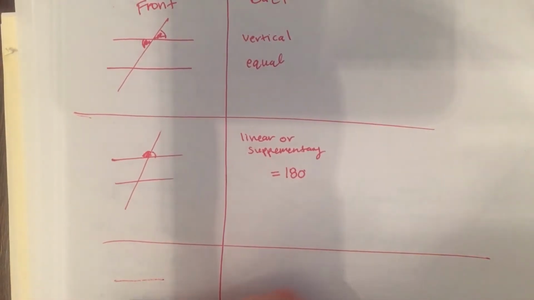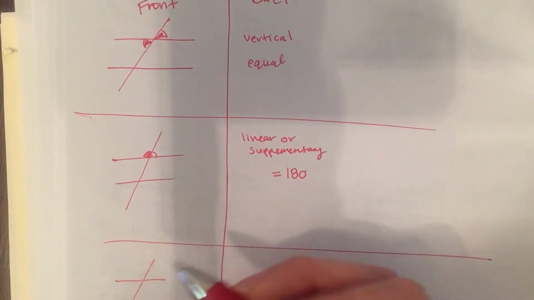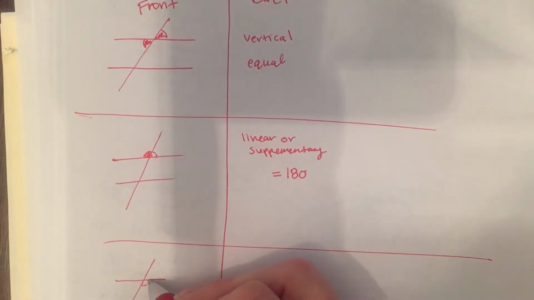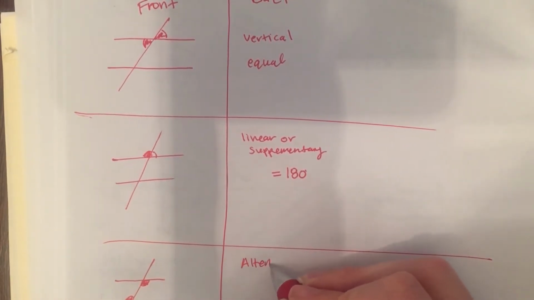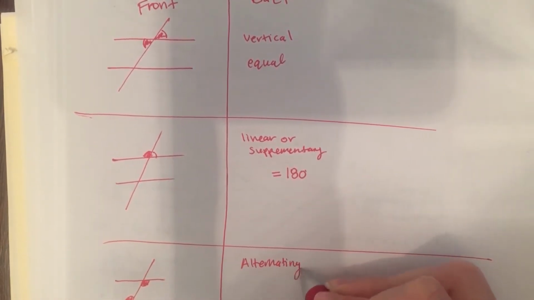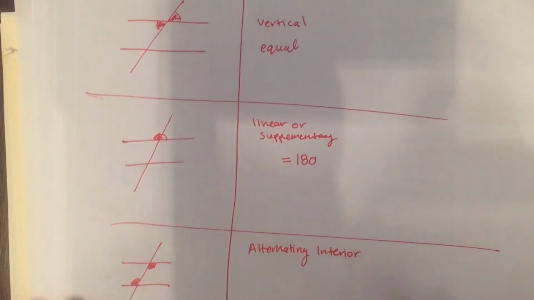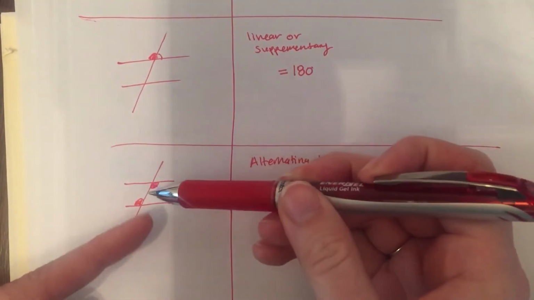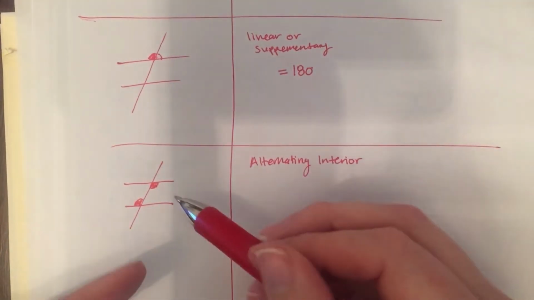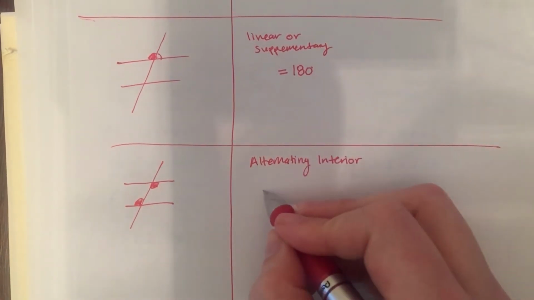Now for the new vocabulary, if I have this angle and this one, they would be called alternating interior. They are alternating and they are inside the parallel lines. They would be equal.